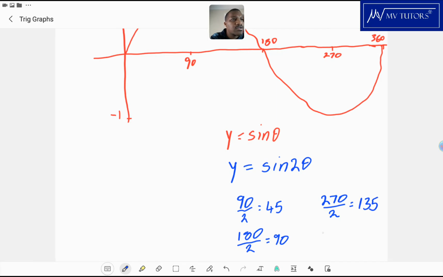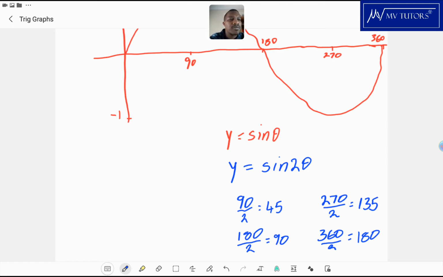And the last one is 360 divided by 2. So that's the period we're talking about, and that's 180. So what period is this? It's the period it takes for the graph to actually complete its revolution, for it to be complete.